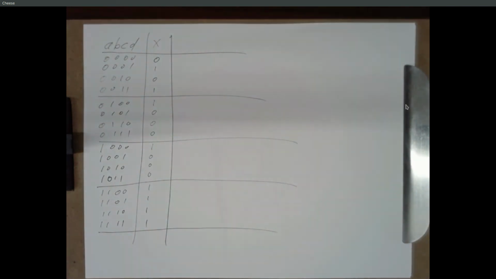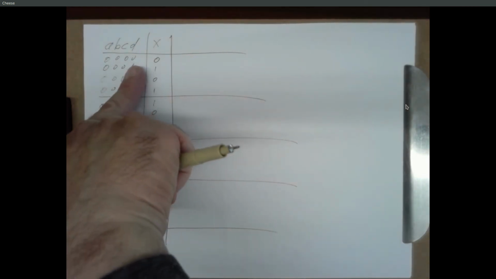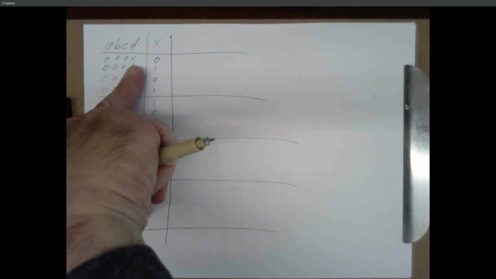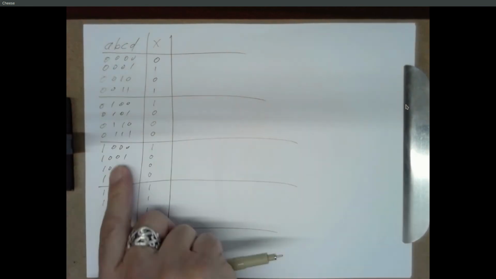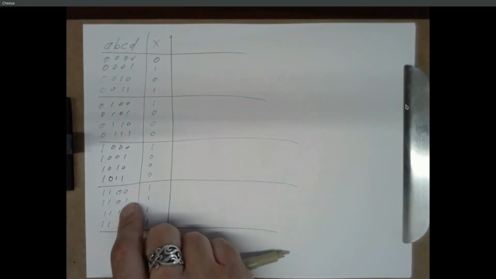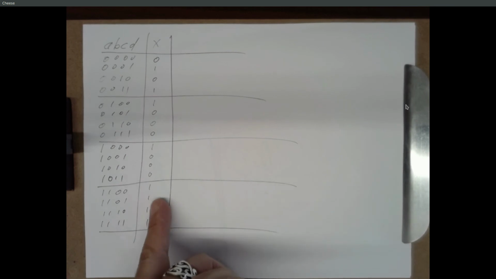We're going to have 8 product terms. Each product term is going to be a combination of 4 inputs. So we're going to have 8 4-input AND gates with some inverters, and then we're going to need an 8-input OR gate. This is a big circuit, but we can guess there's probably some adjacency. We can see some adjacency down here already. So let's make a K-map.